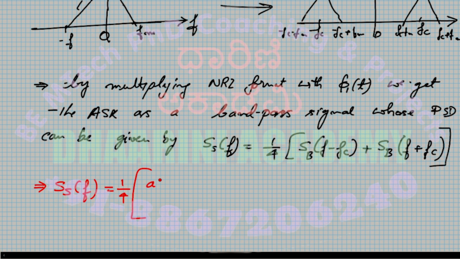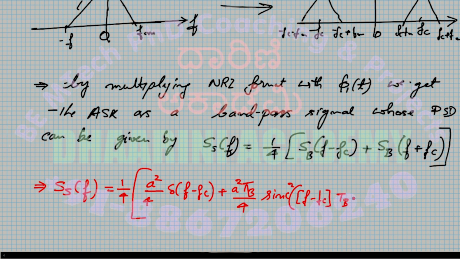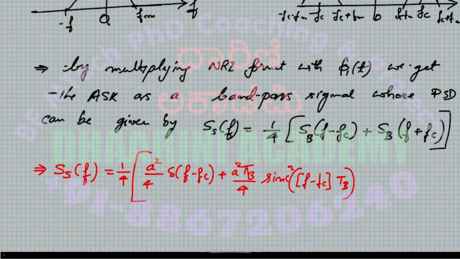So that is A square divided by 4 into delta of F minus FC, plus the A square TB divided by 4 into the sinc square, I'll write here, of F minus FC times TB. Okay, this is the first part.